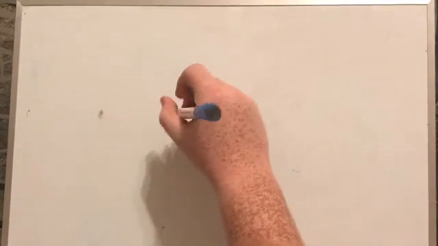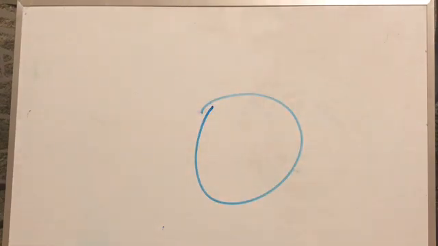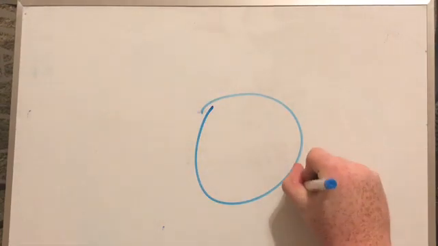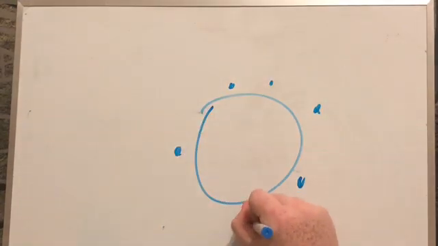So we're going to use oxygen again. There's a rule that goes along with this kind of bonding. As we mentioned earlier, oxygen has 6 valence electrons. Now, what's the important thing about the octet rule?